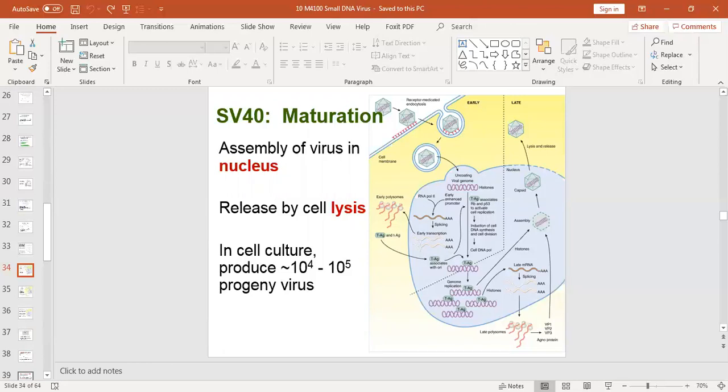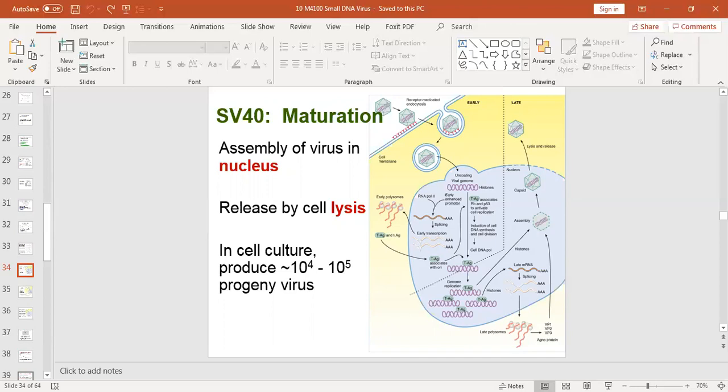Large T antigen is multifunctional: it not only inhibits the function of RB and P53, it also triggers host cell DNA synthesis and cell division, which is required for expansion of the virus, and production of host cell DNA polymerase. Then the large T antigen will serve as a negative feedback to block early mRNA.